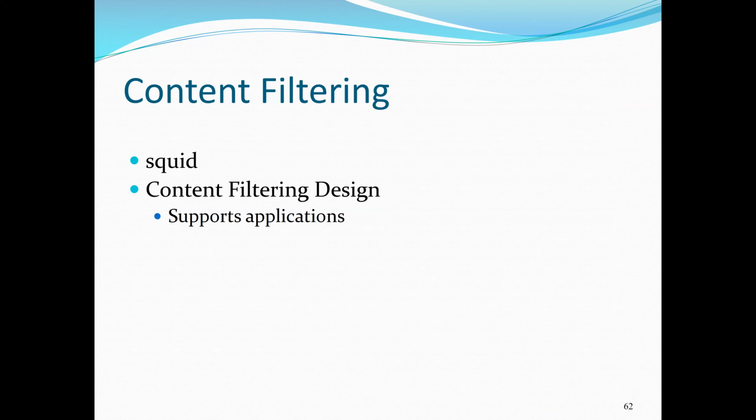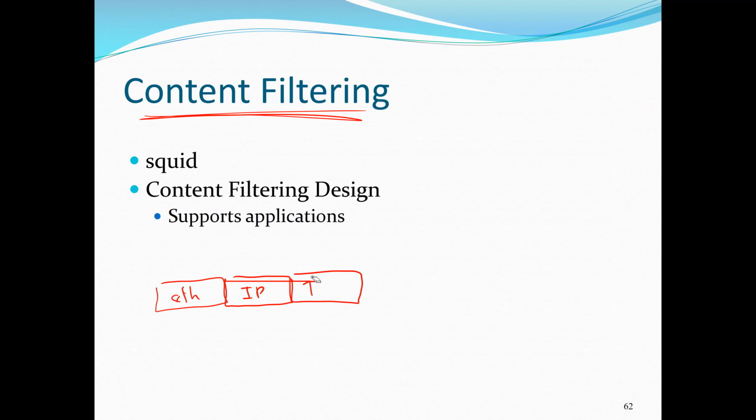Another kind of firewall is what is called a content firewall. If you remember in the beginning, I said that a packet looks like this. And then you have the payload, right?